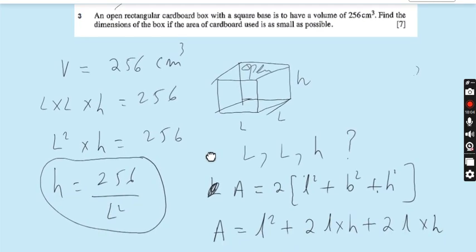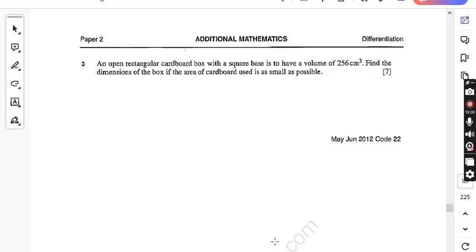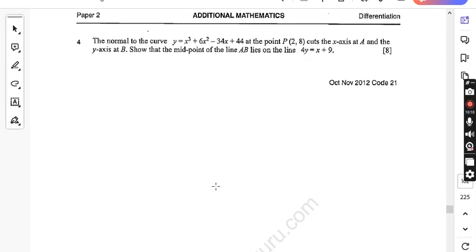So student, this is our today's class. This question came in May-June 2012, paper 22. I hope you understand this question completely. In next lecture we will do more questions of differentiation in order to grip the concept of this topic.